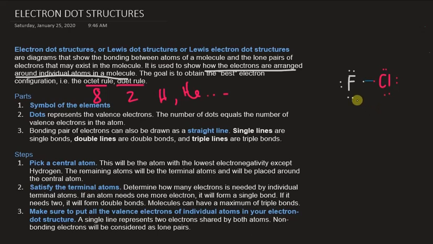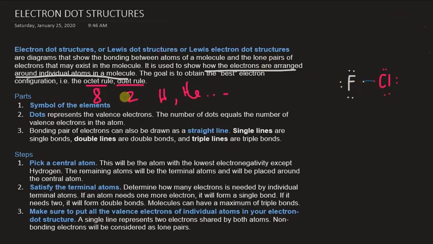So fluorine has 7 valence electrons, so we have here 1, 2, 3, 4, 5, 6, 7, and chlorine also has 7. 1, 2, 3, 4, 5, 6, 7 valence electrons. Again, both of them want to have the octet, so they share one valence electron with each other.